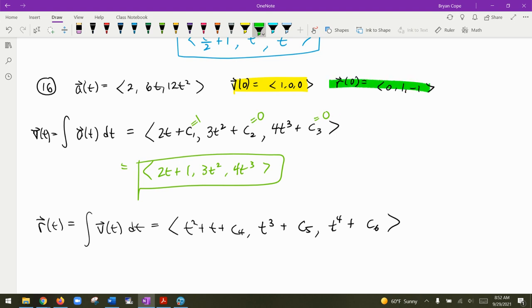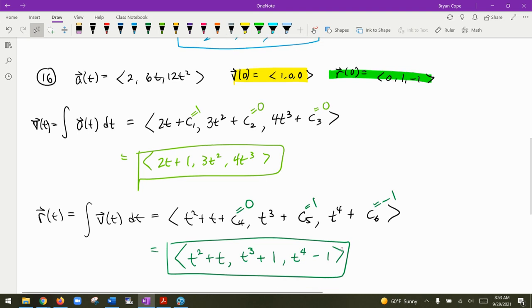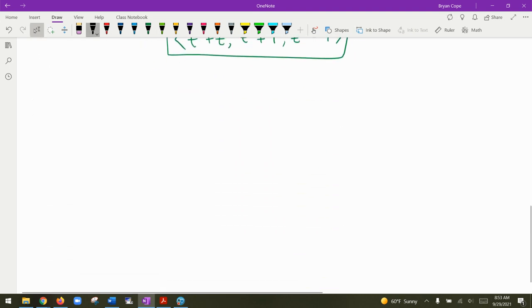Using the fact that at time t equals 0, the position has to be 0, 1, negative 1, we see that c4 must be 0, c5 must be 1, and c6 must be negative 1. So I have a position function of t squared plus t cubed plus 1, and t to the fourth minus 1. And again, I'll take a peek at the solution manual. t squared plus t cubed plus 1, and t to the fourth minus 1. Yep, all good. Okay, next up is 28.